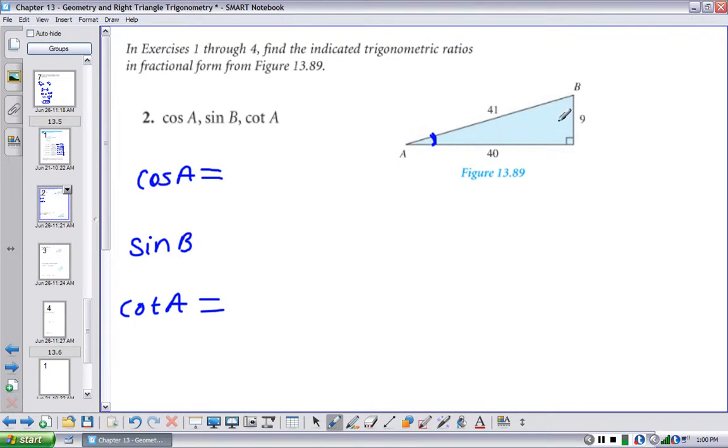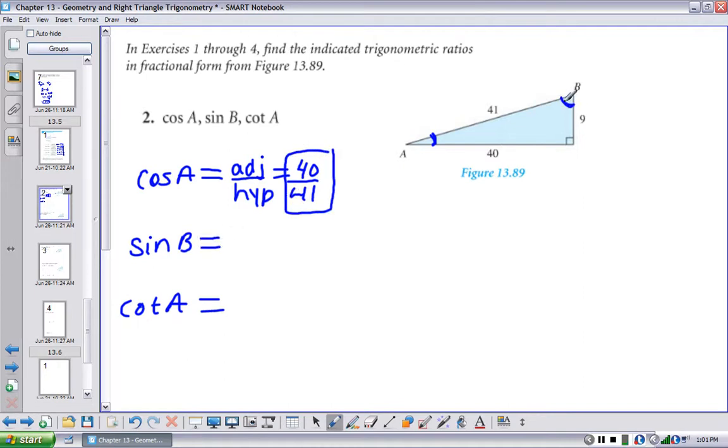Remember, cosine is defined to be adjacent over hypotenuse. So we look at this A. The side that's adjacent to it is 40. The hypotenuse is 41. Okay, so that is cosine A.